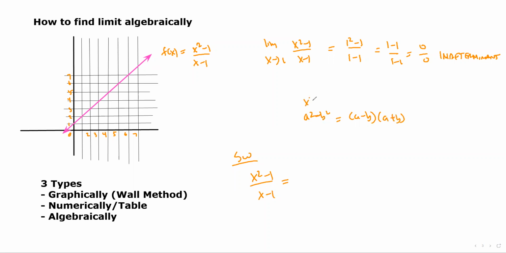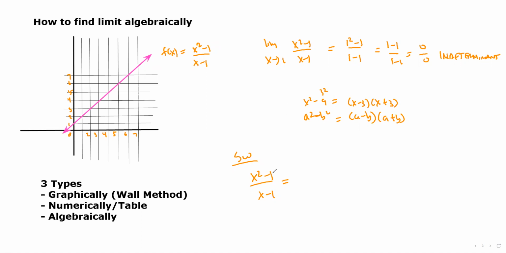It's like saying x squared minus 9, or 3 squared. When you factor that out, that's going to give you x minus 3 times x plus 3. So this is a difference of squares, and this is so helpful in calculus. We use this a lot. So in this case, I'm going to use the difference of squares to solve this.